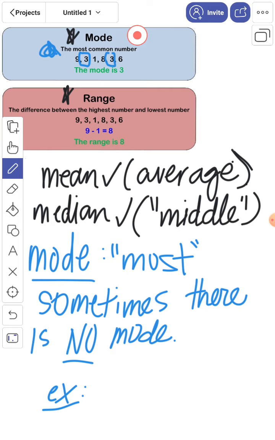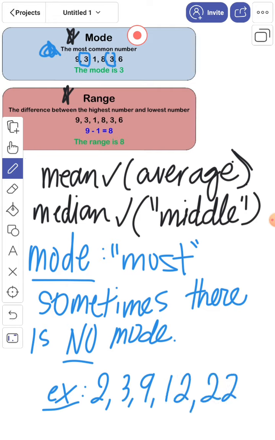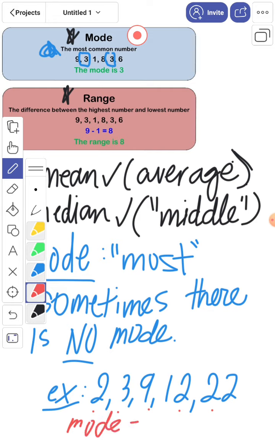Say I have 2, 3, 9, 12, and then 22. That's my list. There's obviously no number that shows up the most. They all only show up once. And so your mode would actually be none.